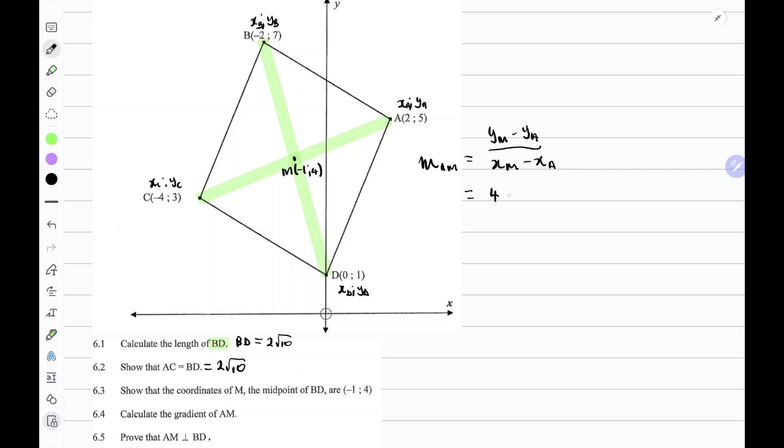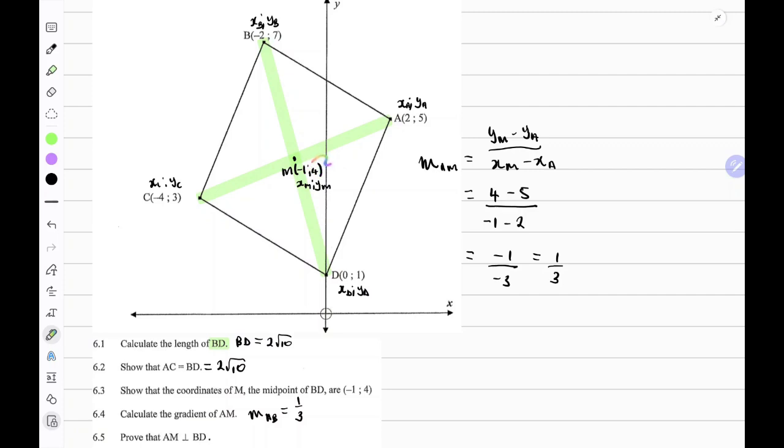YM is 4 minus 5 all over XM is minus 1 or negative 1 minus 2. So this is equals to negative 1 over negative 3, which is equals to 1/3.